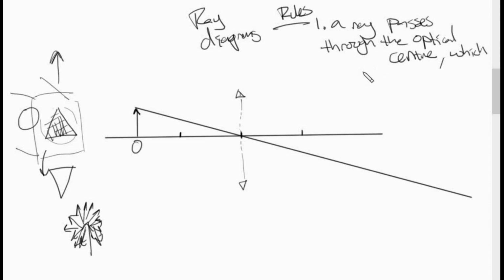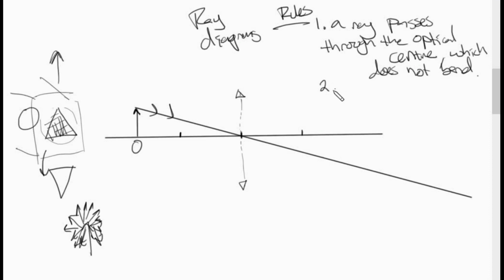If you want, you can write that down. Which does not bend. So this is what we drew. Then we can draw arrows to show the direction of the light. Clear? Okay.